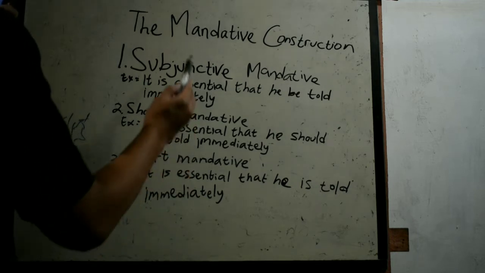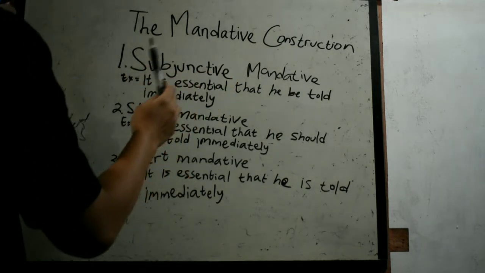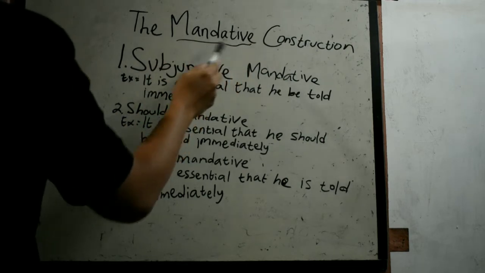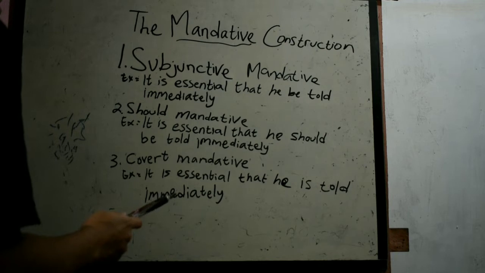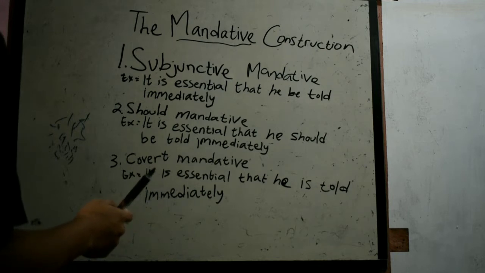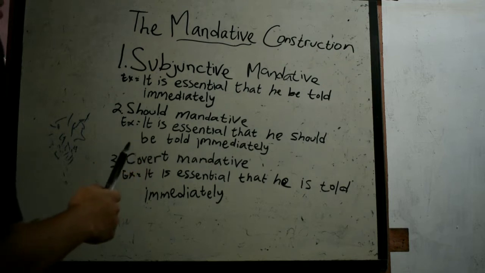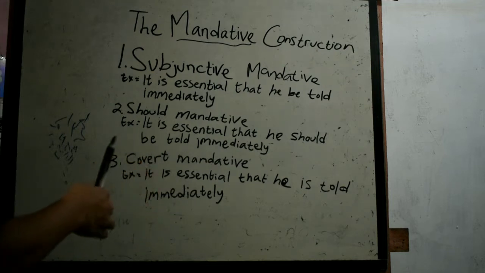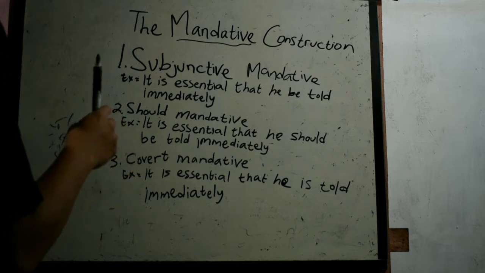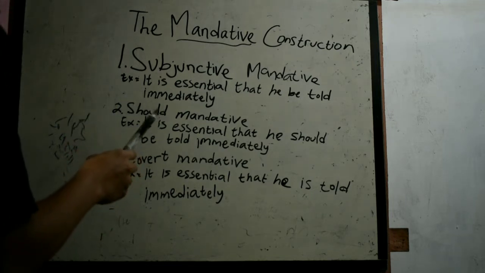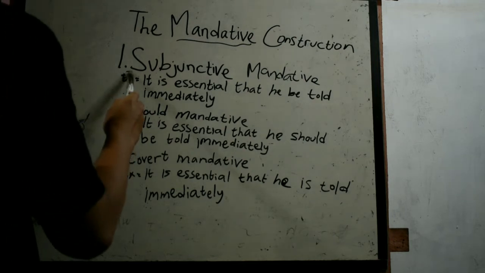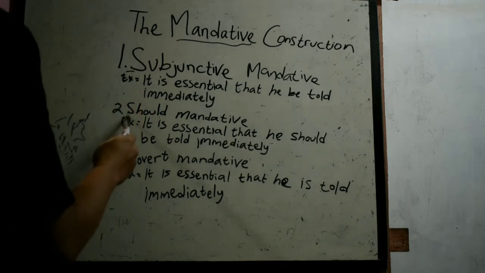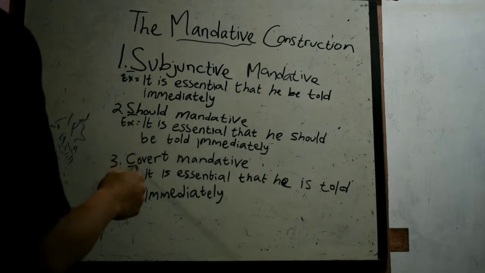The next topic is the mandative construction. The mandative construction is to convey a command, specifically designating a subjunctive use in a subordinate clause following an expression of command, suggestion, or possibility. The mandative construction can be divided into three: subjunctive mandative, should mandative, and covered mandative.